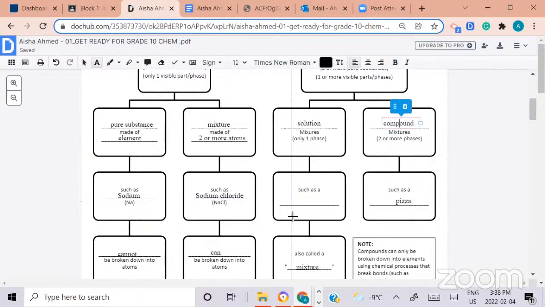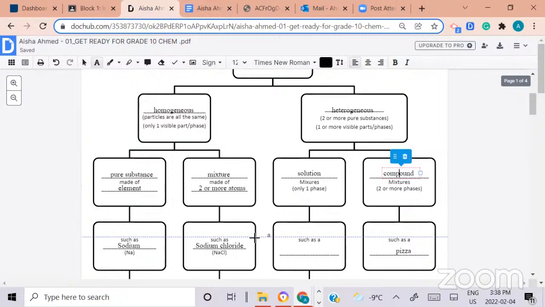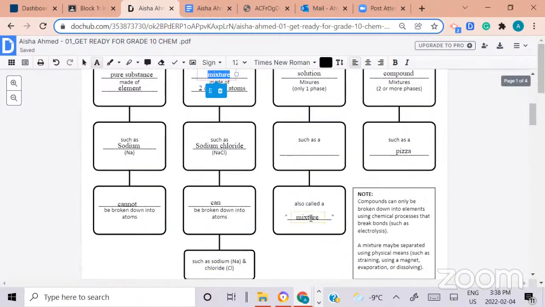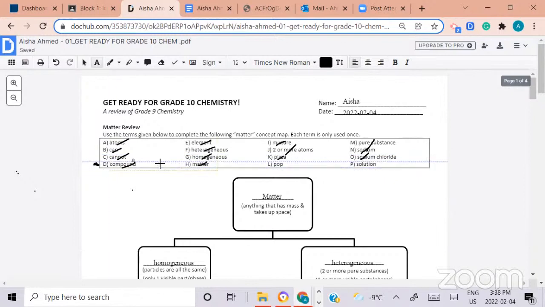Now you have to get rid of mixture there, the other one, yeah, that mixture. Okay, and figure out which word we didn't use. So compound, pop, and solution.